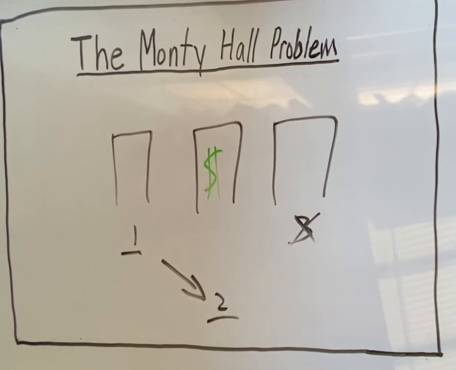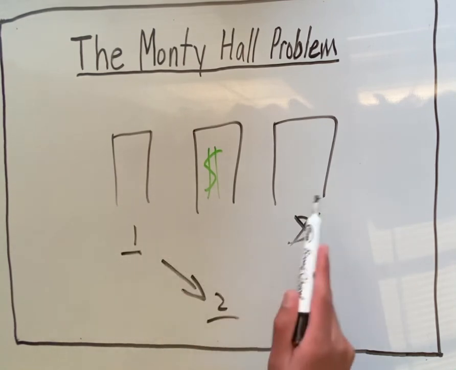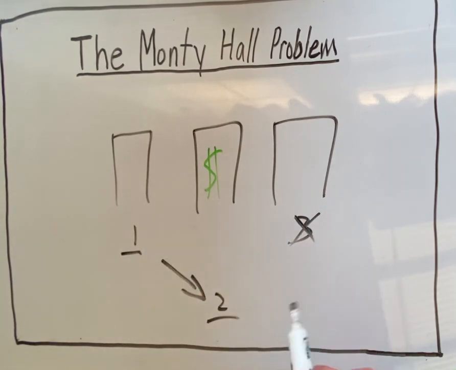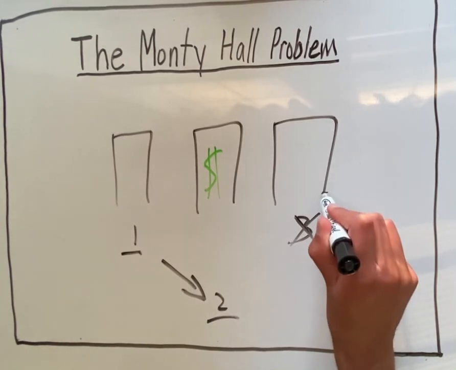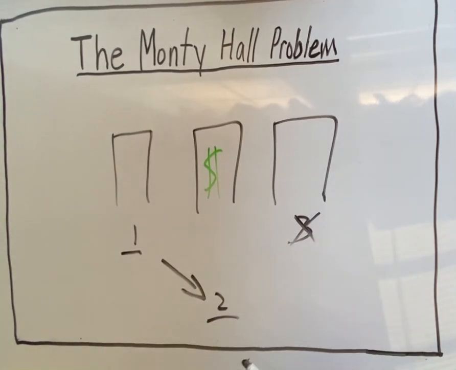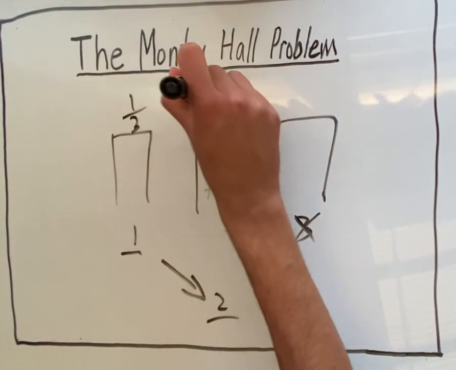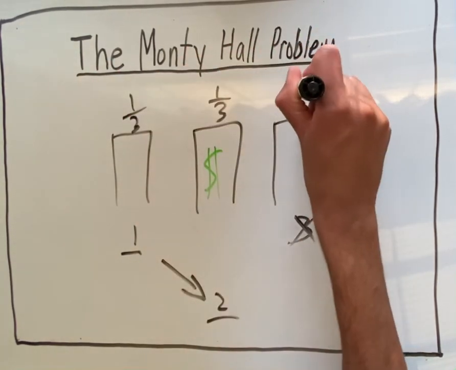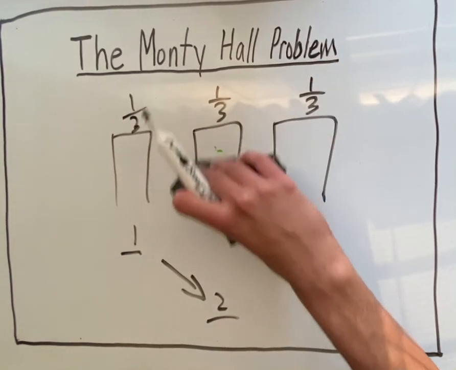But in general, it's also true that it is a smarter strategy to switch every time. The probability of selecting the correct door at the beginning is 1 in 3 because there are 3 choices and only one of them is correct. What happens when one of the doors is opened after you've selected one of the doors is the probability. So at the beginning there's a 1/3 probability of each door, as far as you know, and you select one of those.